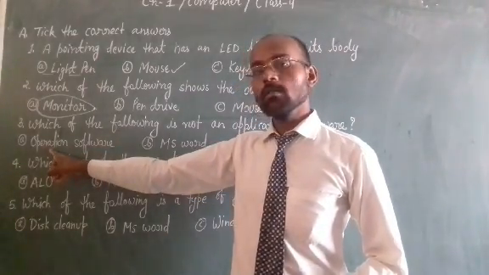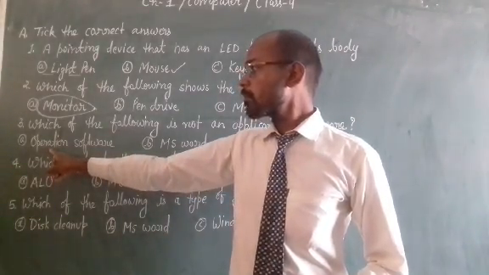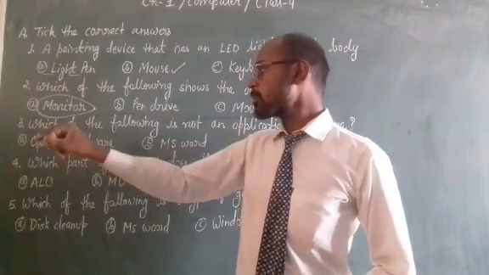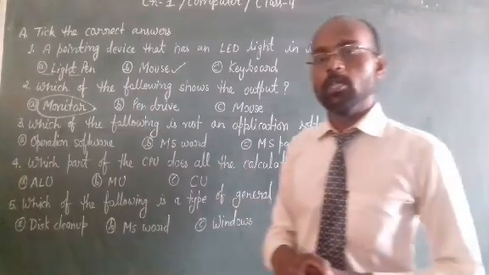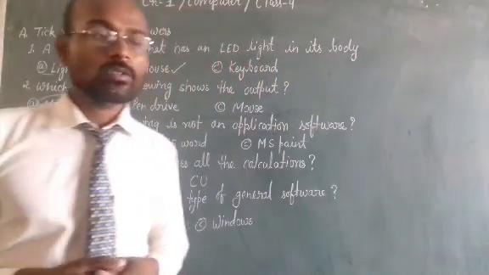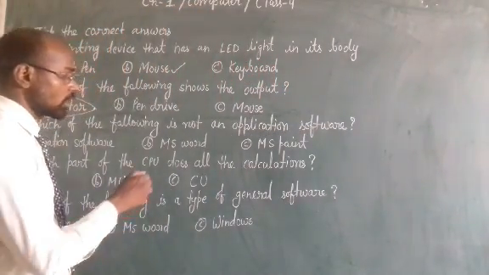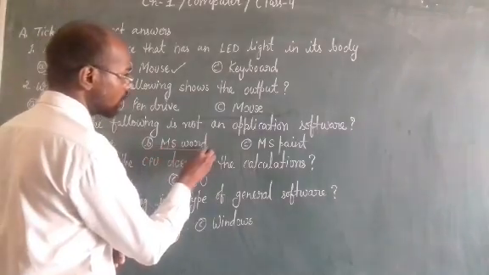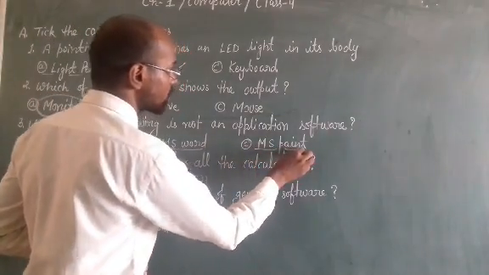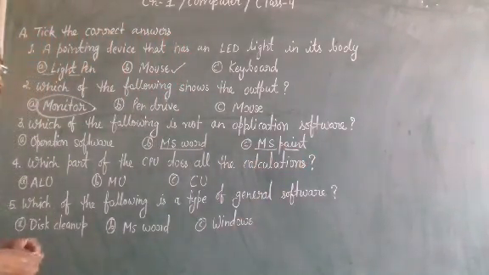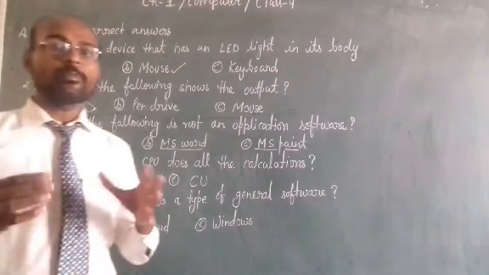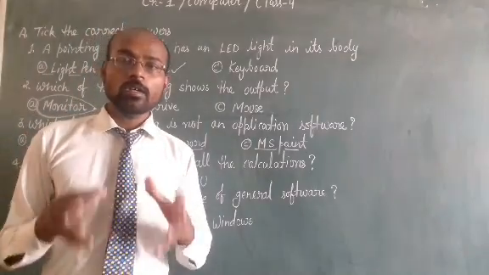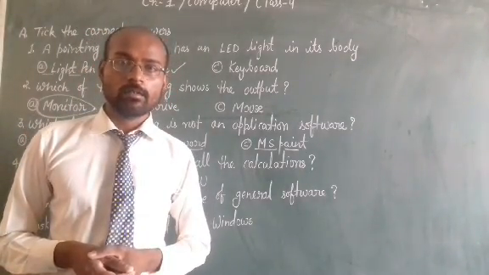Option number A is operating software, MS Word, and MS Paint. So students, MS Word and MS Paint are the application software, but operating software is not an application software. Operating software is a system software. Clear?